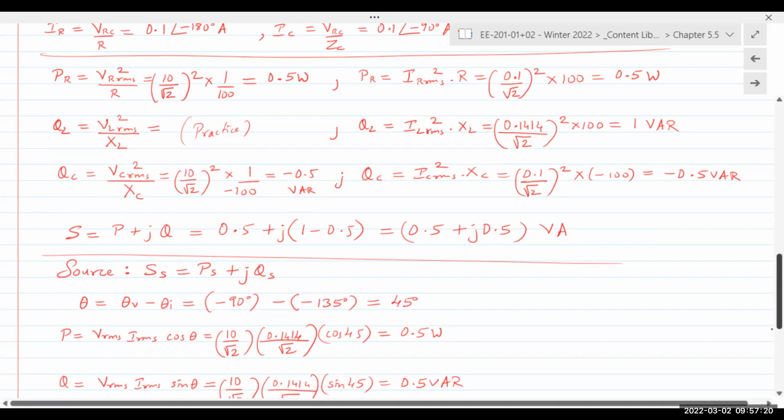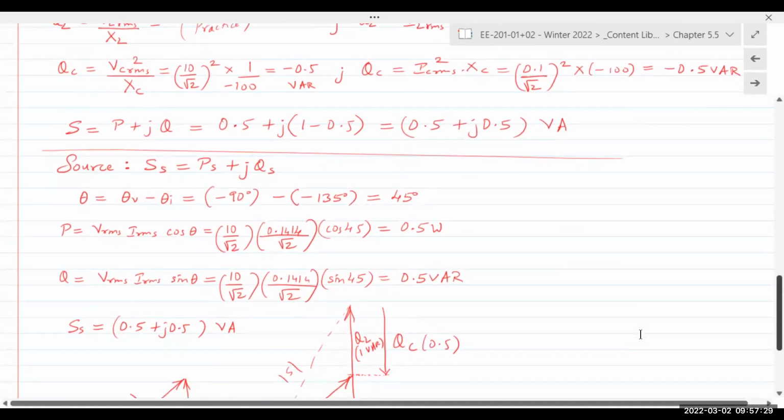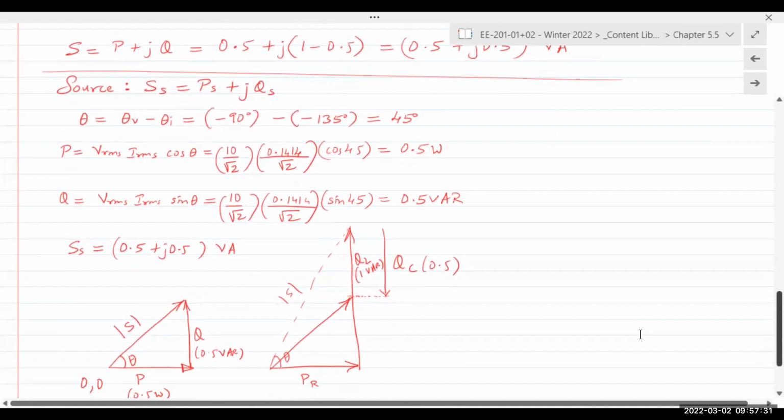The other alternate equation that we can use is this. So remember, I said we have the power triangles and we have VI cos theta, VI sin theta.